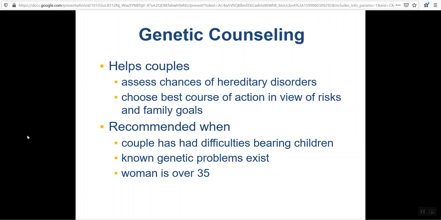Genetic counseling is a fairly new idea. It helps as the technology improves with our analysis of genetic information. What's available for counseling is becoming more and more widespread. Before, we didn't have really good information about what genes were responsible for different disorders. Really, it was a matter of what's in your family history.